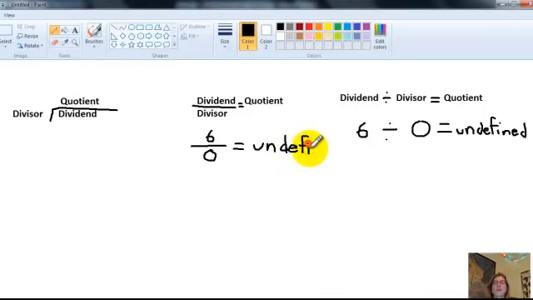And it's important to know this in all three formats. Remember where the dividend is in each of these formats. Remember where the divisor is in each of these formats.